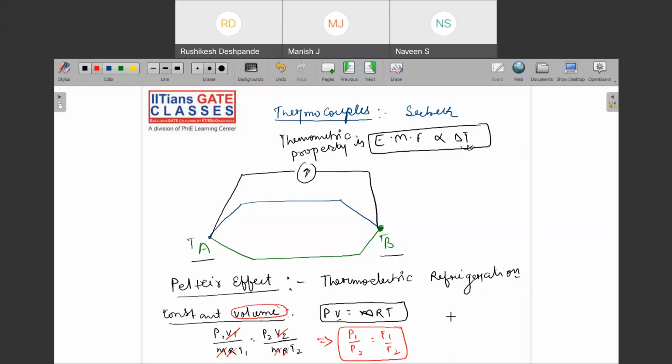Let us say you have a thermometer filled with some ideal gas, and you have fitted a pressure gauge.